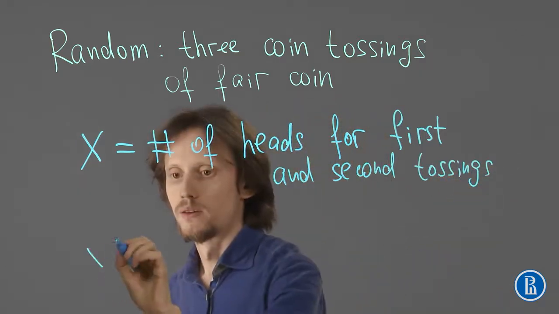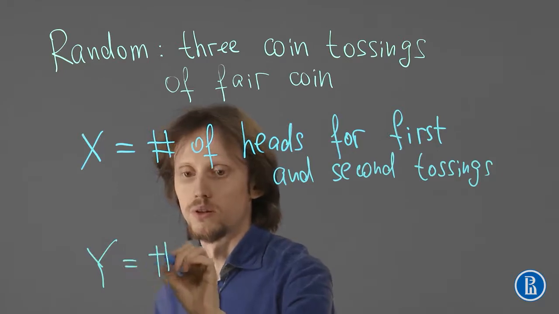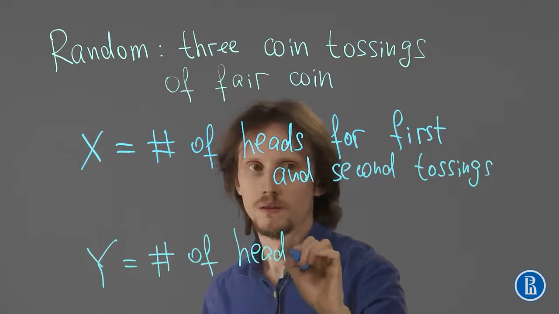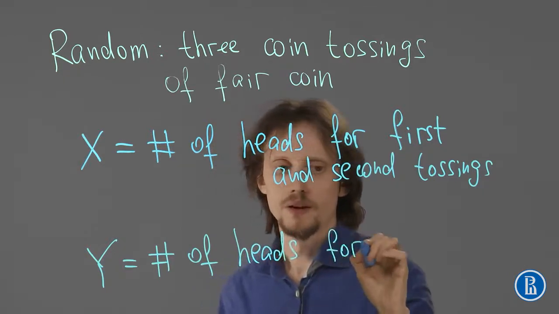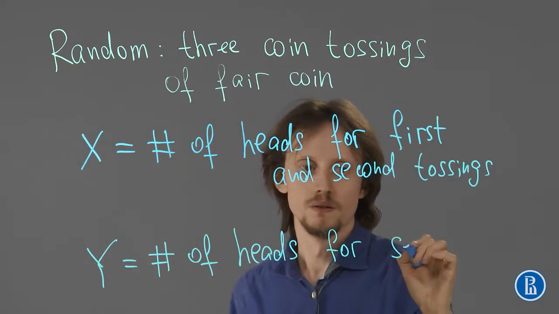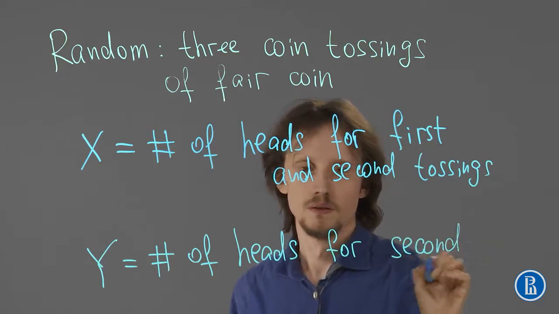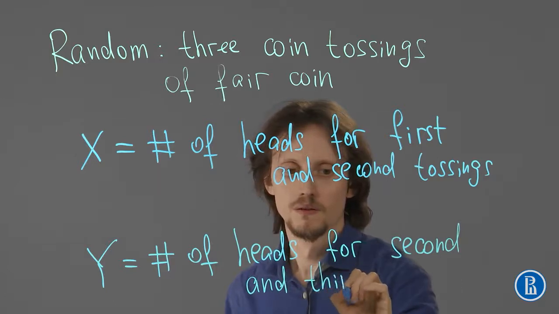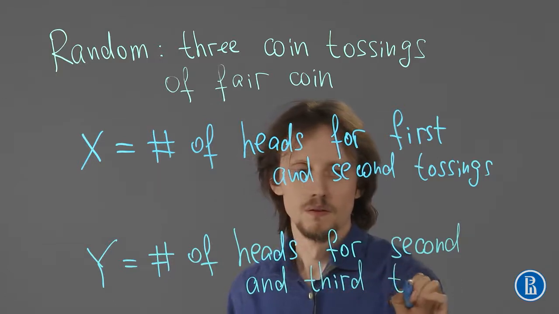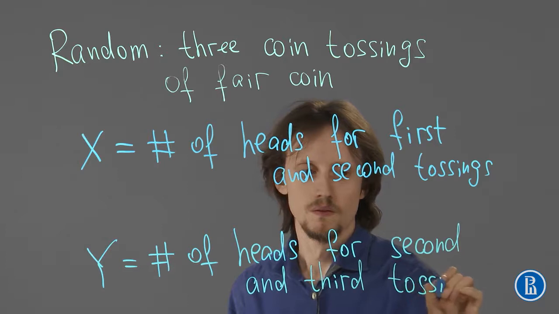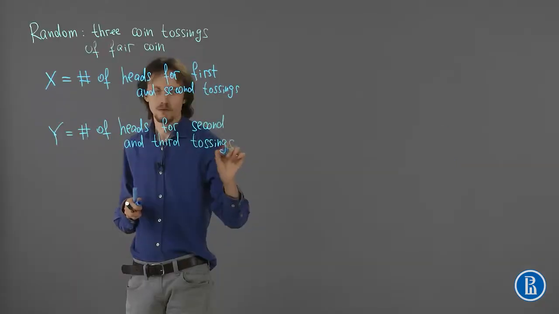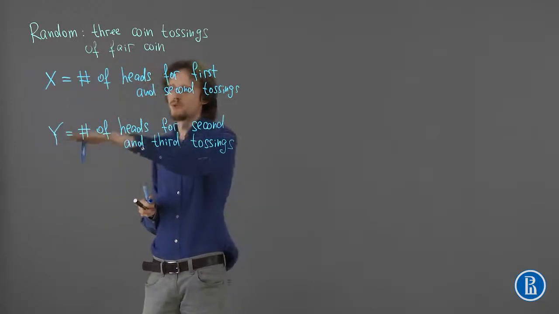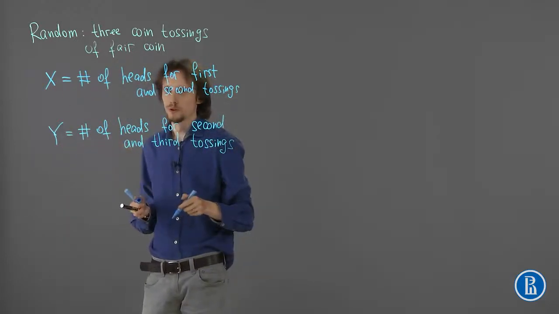And y is equal to the number of heads for the second and third tossing. Is it true that x and y are independent variables or not?